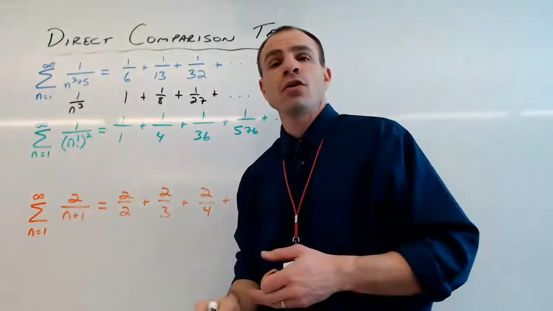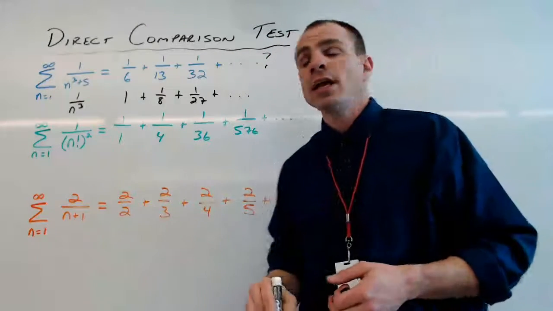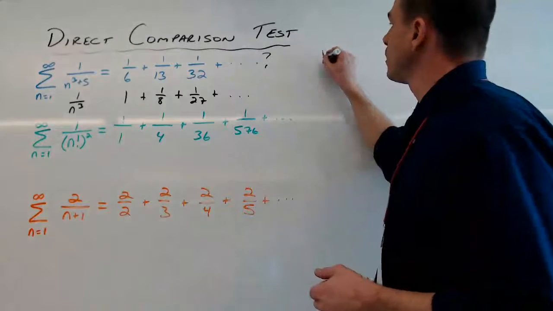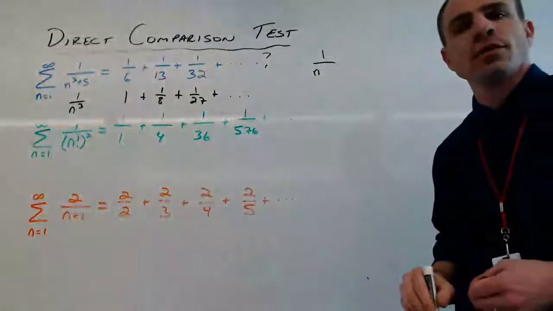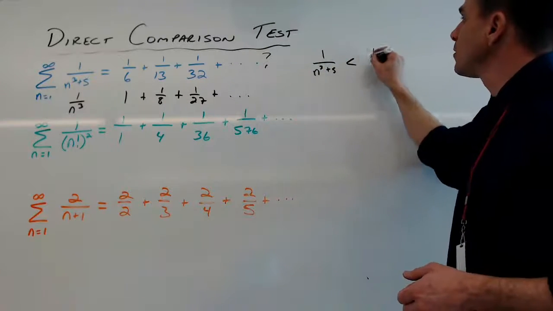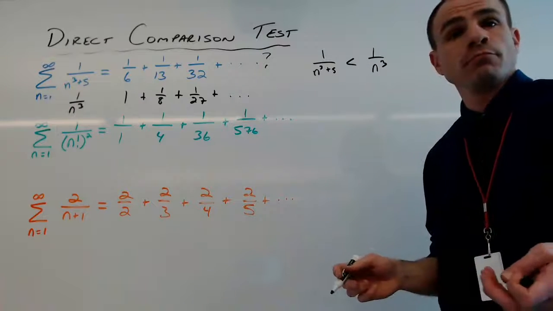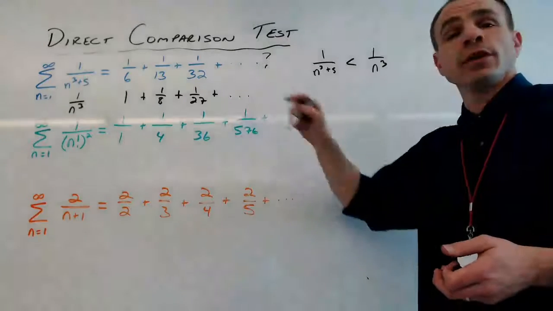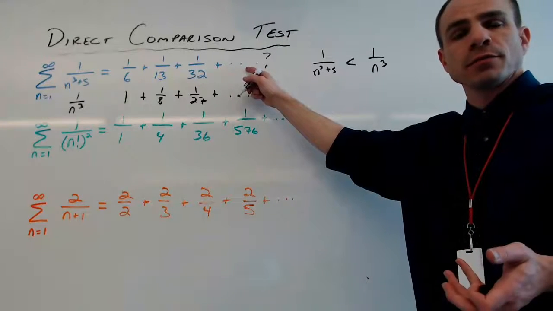So the terms of the series that we're curious about are less than the terms of the series that we already know converges. So 1 over n cubed plus 5 is less than 1 over n cubed. And therefore, since 1 over n cubed converges, 1 over n cubed plus 5 must also converge.